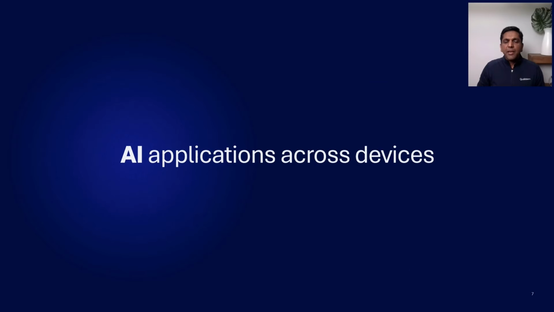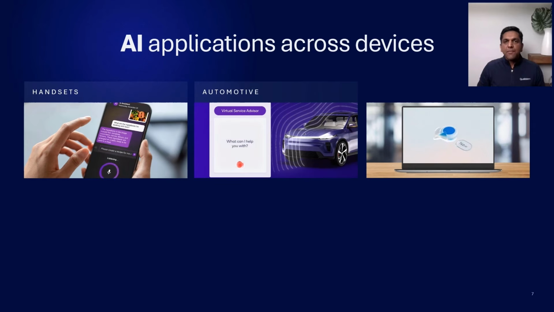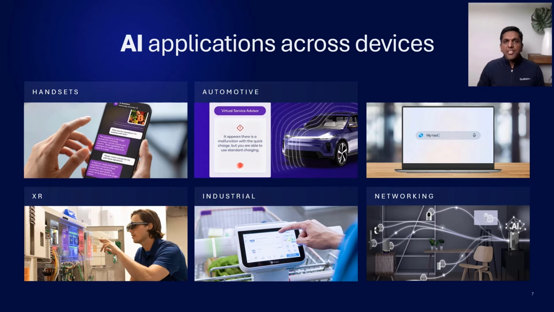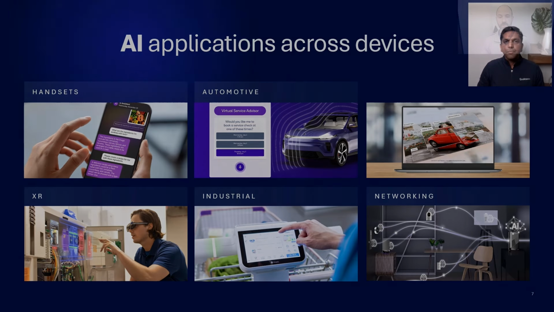Qualcomm AI is enabling intelligent experiences across multiple verticals. From on-device LLMs to AI-powered service assistant in automotive, smart PCs, immersive XR spaces, industrial automation, and optimized edge networks, our AI solutions are enabling real-time, efficient, and scalable deployment across industries.